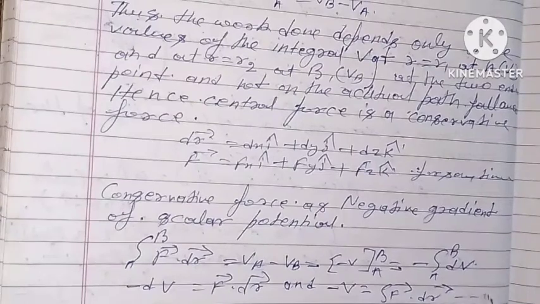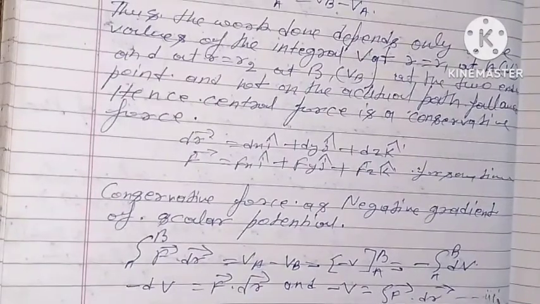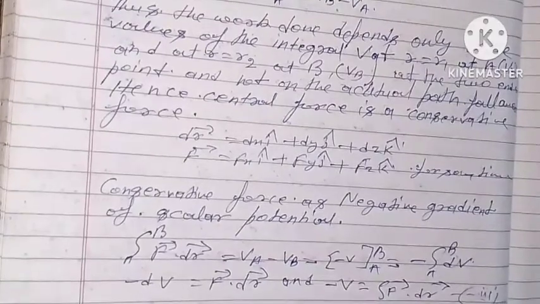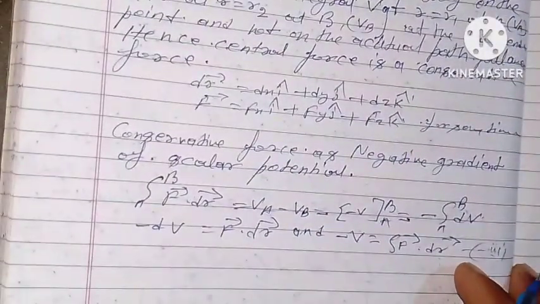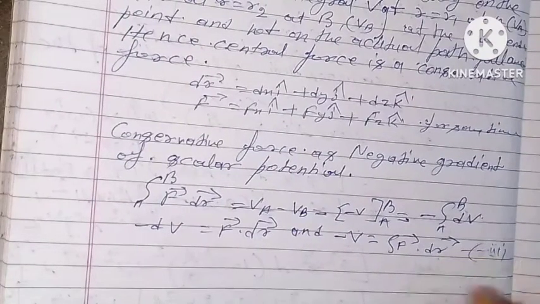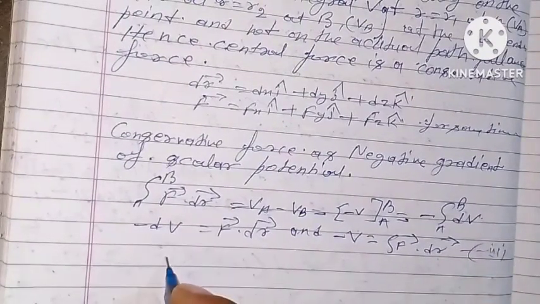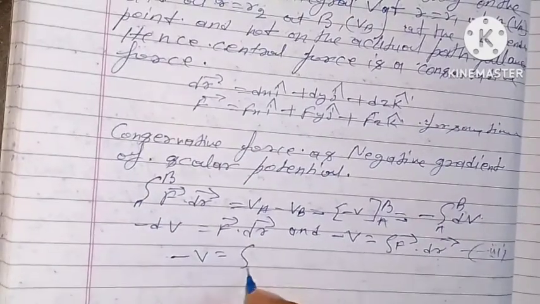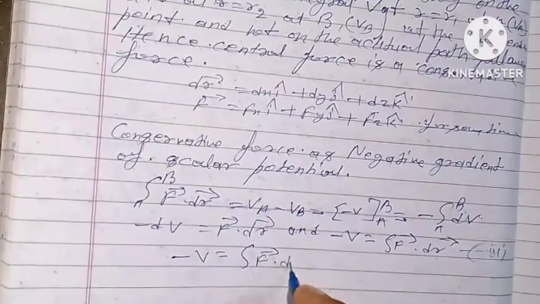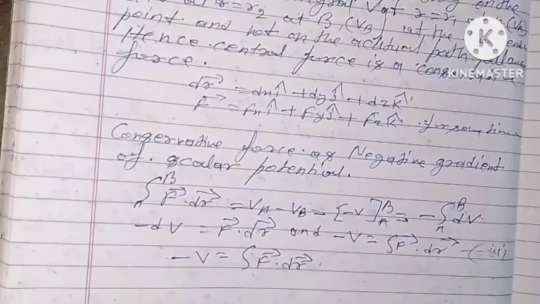This is equation number 3. By equation 3, minus V equal to the integration of vector F dot dr vector.